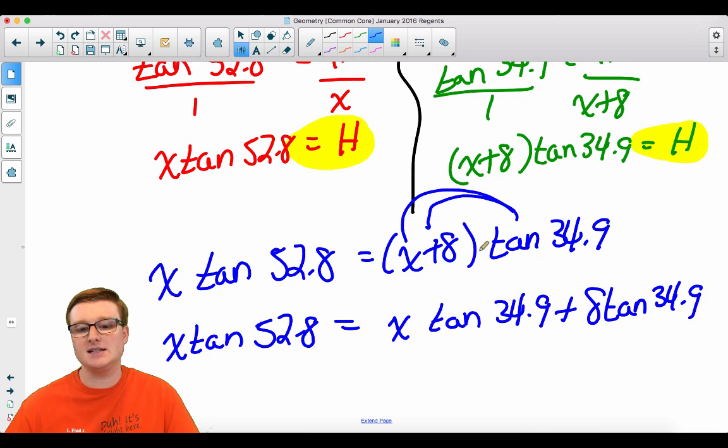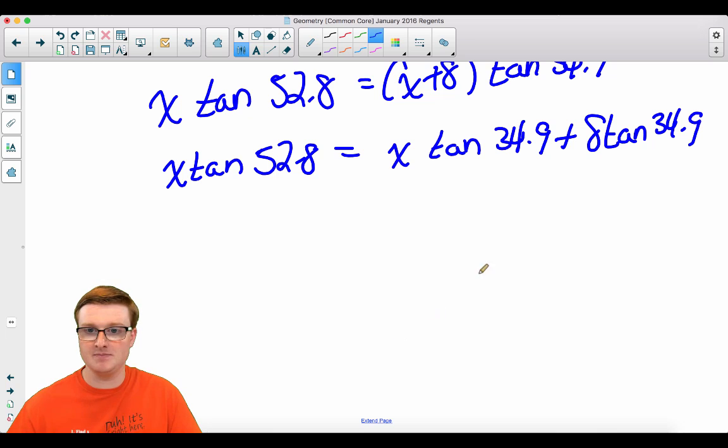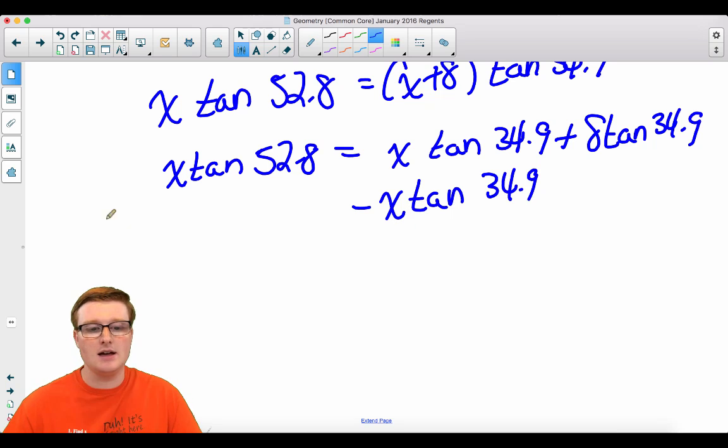One of the most common mistakes is a student takes 8 and multiplies it by 34.9. Do not do that. You're breaking the rules of algebra. Now, I'm going to subtract x tangent of 34.9.